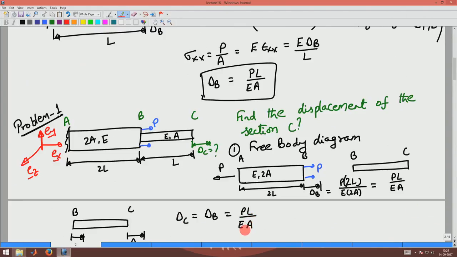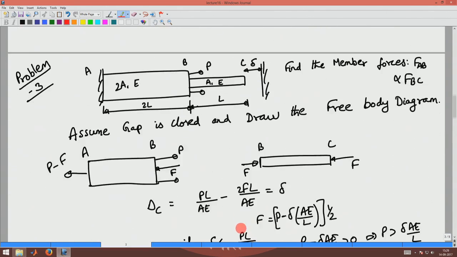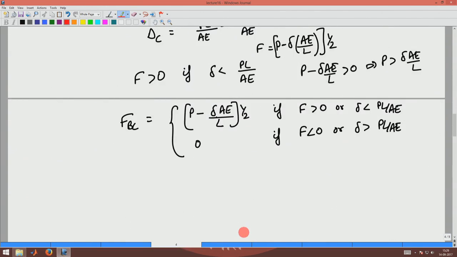So, if the gap is more than PL by AE, then C will have free expansion. When delta is greater than PL by AE, C will expand freely and there will not be any reaction force that comes about at C. Okay. That is what we are saying when we say FBC is 0. Okay.